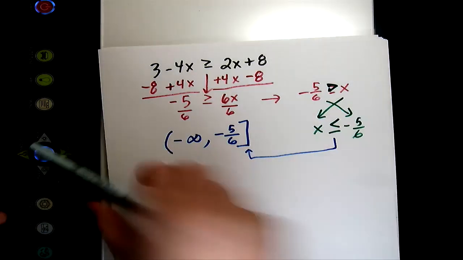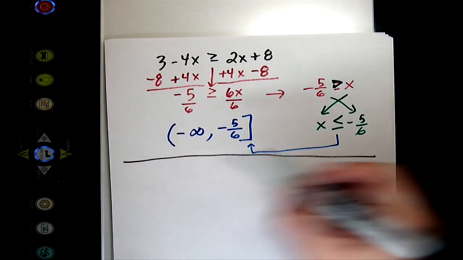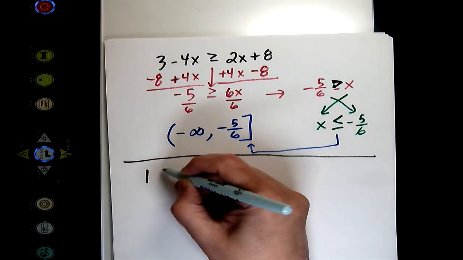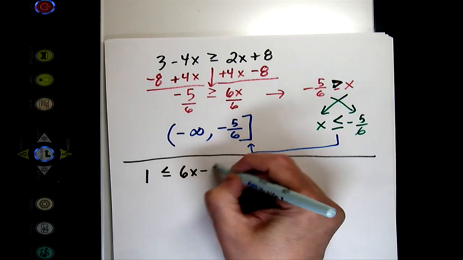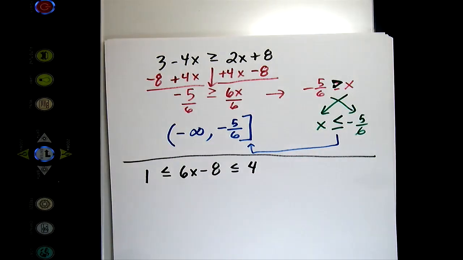Let's change it up a little bit. What if I got a 3-part inequality? When we used to do it with just two sides, we always added the 8 to both sides. But now there's not just both sides, there's three sides.